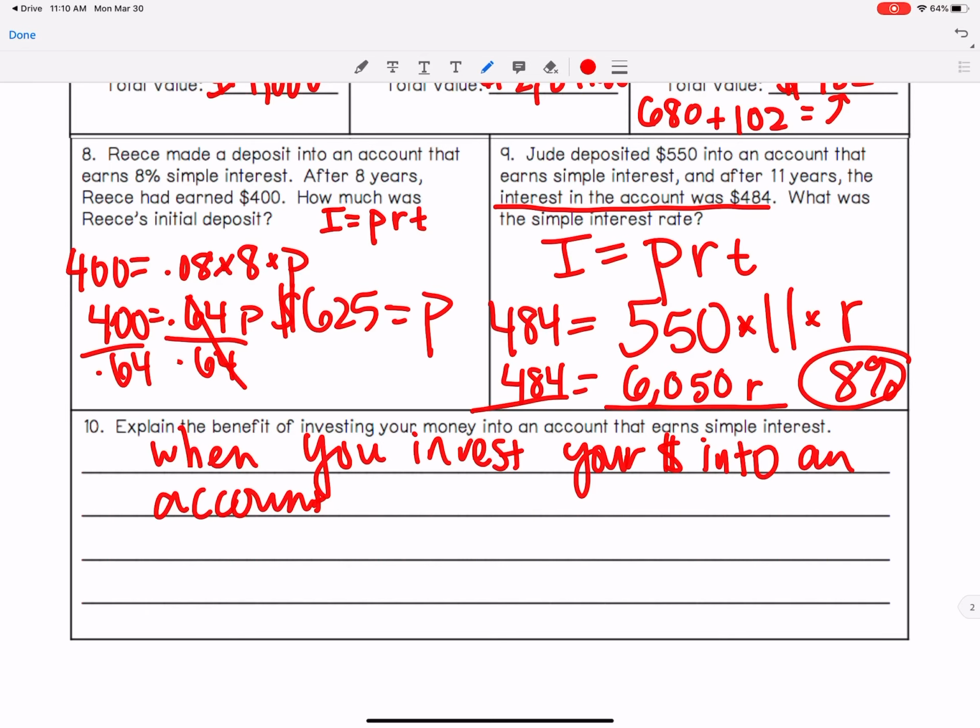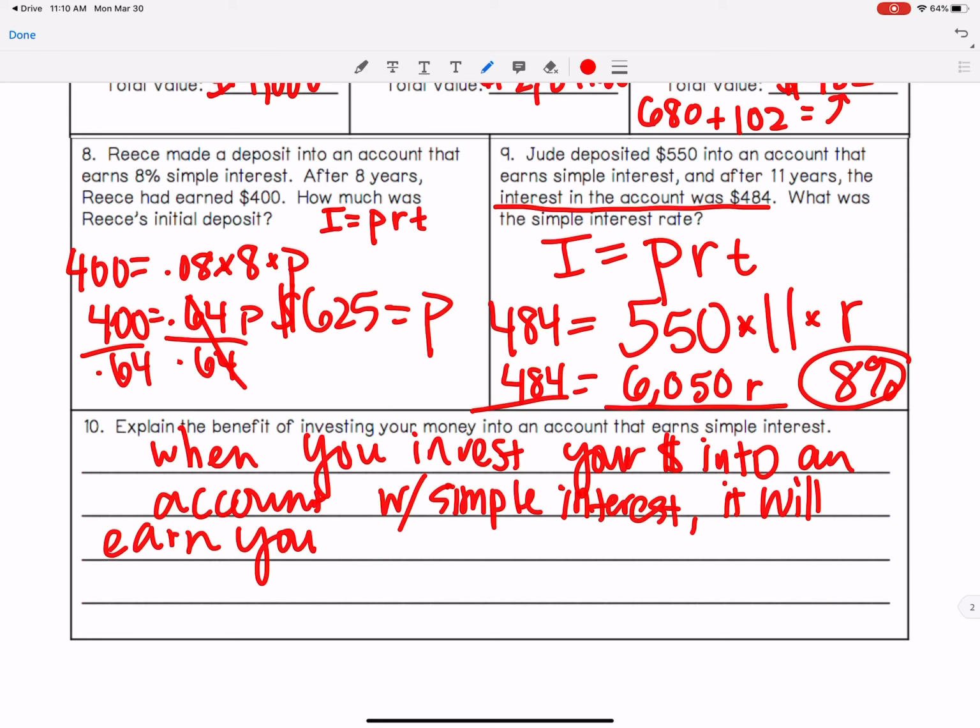When you invest your money into an account with simple interest, and I'm going to kind of shorten some things if I can, it will earn you additional money, or like extra money, which is so cool. And I'm going to say that grows over time. However, the value of the money in the piggy bank will not increase as time passes. So that's why investing your money into an account is awesome.